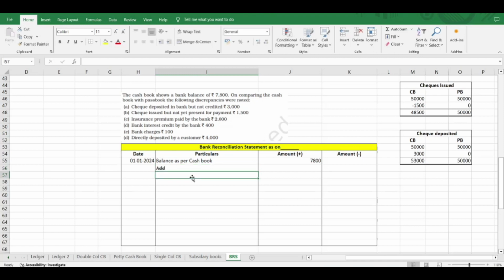Next, check issued but not yet presented for payment. Here, we have to add. As we saw with the check deposited, while depositing we already added the amount, but the bank has not cleared the payment so far. Same here: when you issued the check, you already deducted that amount from your cash book, but there is not yet any transaction at the bank's end, so there is no deduction of rupees 1,500 in our passbook.